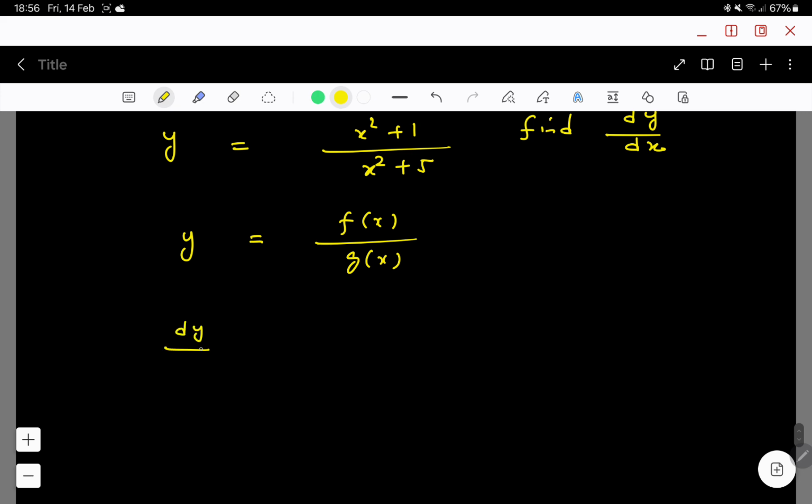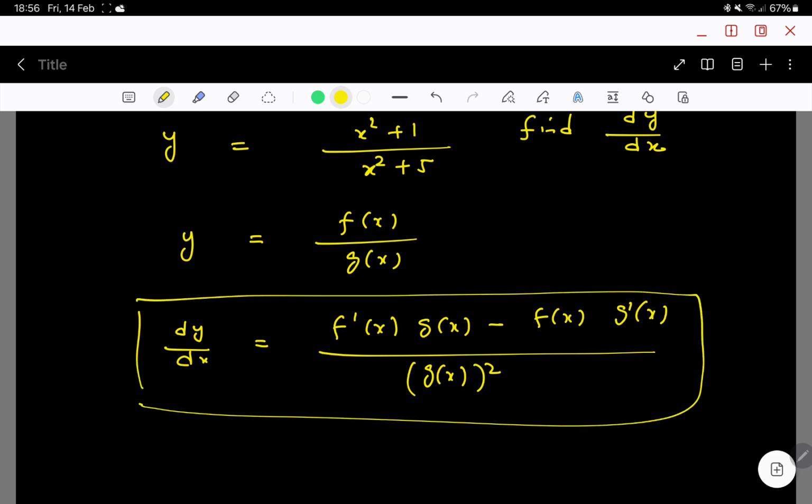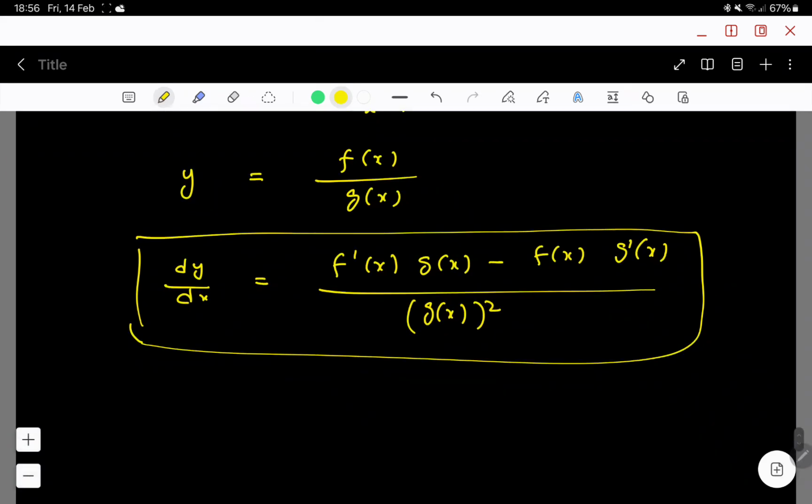So dy by dx equal to, okay, write f dash of x, g of x minus write f of x, differentiate g of x, by g of x the whole square. So this is called a quotient rule. Here we apply the rule.